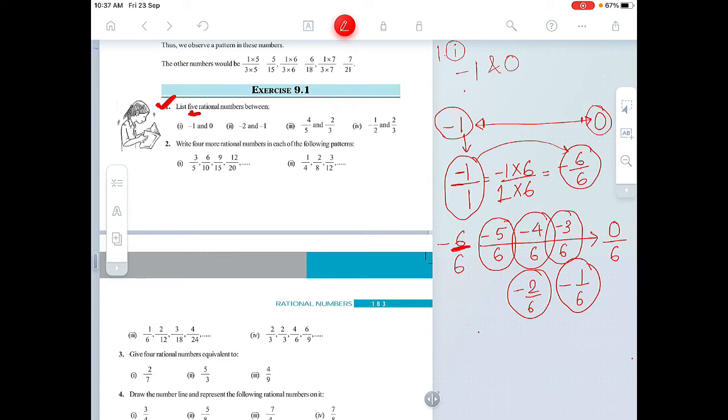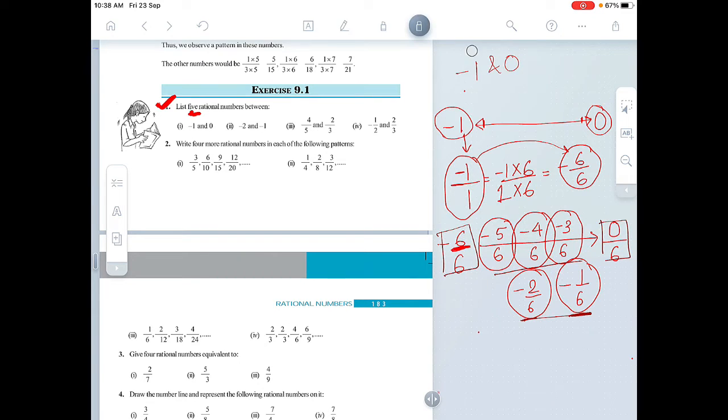So all these are rational numbers having the denominator 6, and most importantly, they all lie between the two rational numbers 0 and -1. In this way we will do all the sums.